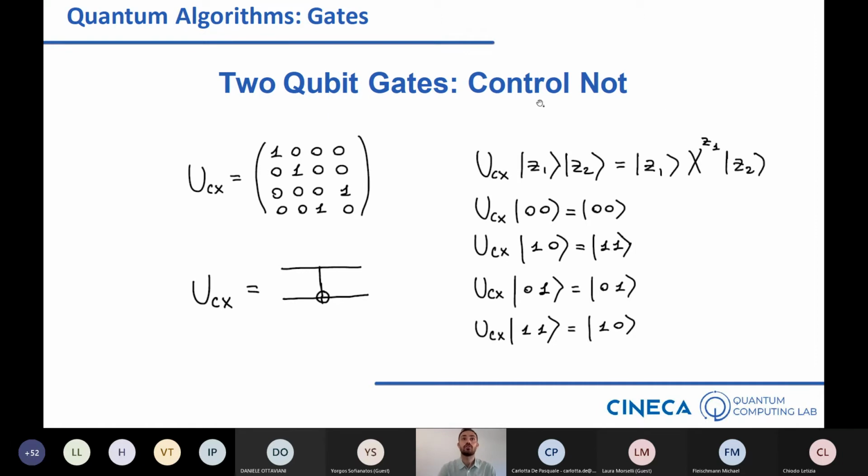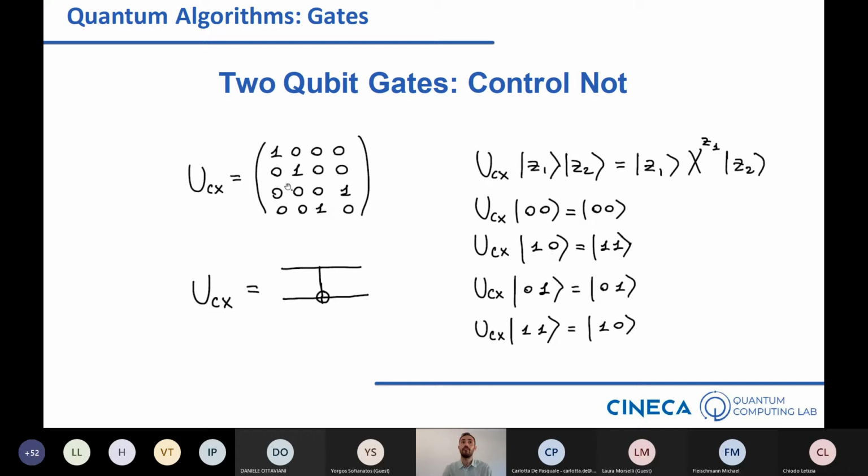Other 2-qubit gates, so the control not. So the control not is this qubit here, is this matrix here. So basically you have the identity, and this gate here is the X gate. Okay, the 2 by 2 block in the bottom right corner is the X gate. So that's why it's a control not. Okay, this is the way of representing it in the circuit, and this is the action.